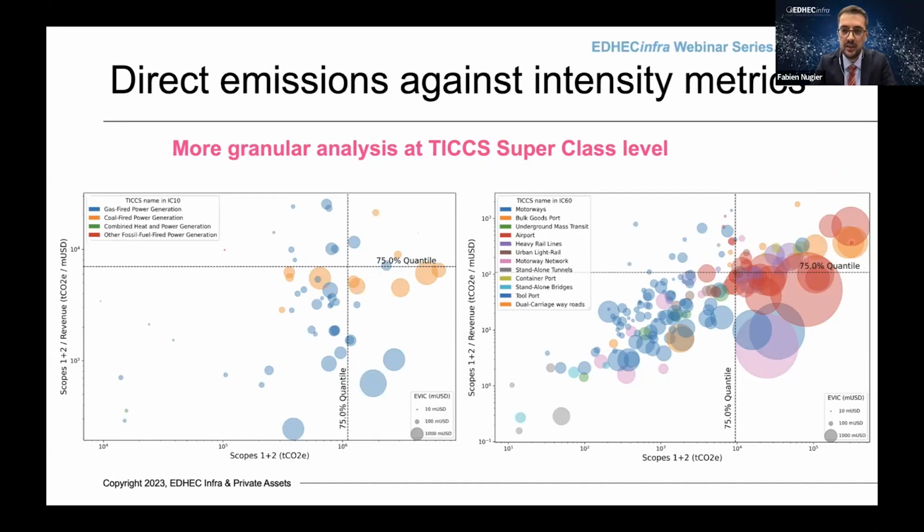And that may indicate assets which are problematic from the point of view of emissions. And here we have assets which emit a lot of carbon, but are quite efficient. You can see the valuations are very large, and this probably indicates assets which are quite mature and emit a lot because they have a lot of operations, but at the same time are quite efficient in delivering services.